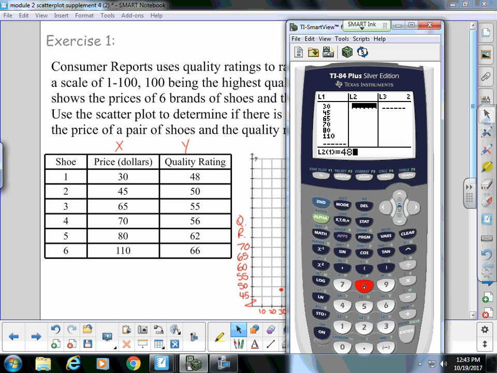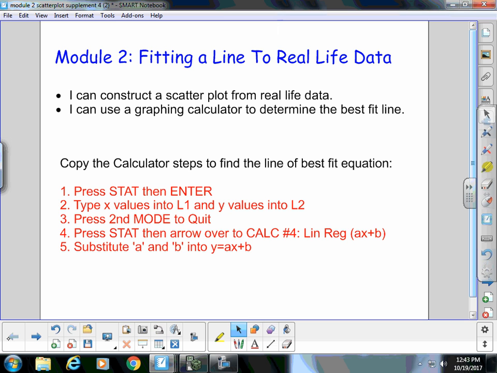So 48, enter, 50, enter, 55, enter, 56, enter, 62, enter, and 66, enter. Okay, so now I've got my 2 lists in. The next thing that I want to do is quit. I'm on step 3 now. I want to quit and get off this screen.